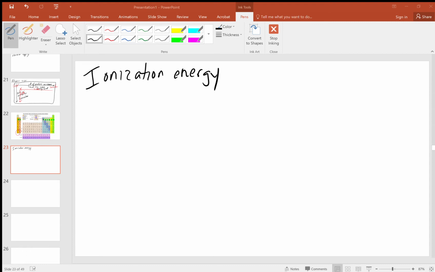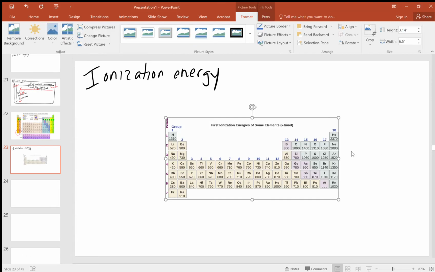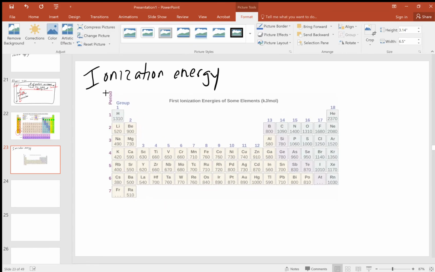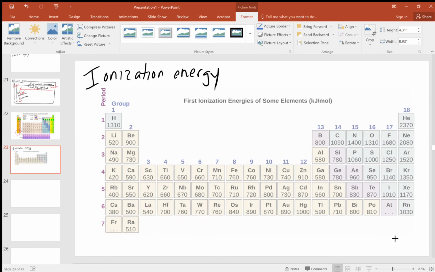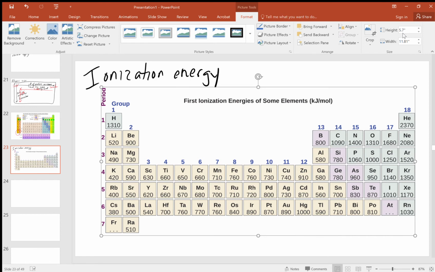Because the trends are something that we can recognize and remember fairly easily. So let's look at a chart. Take a few seconds and look at this and think about what are the general trends that you see on this chart.